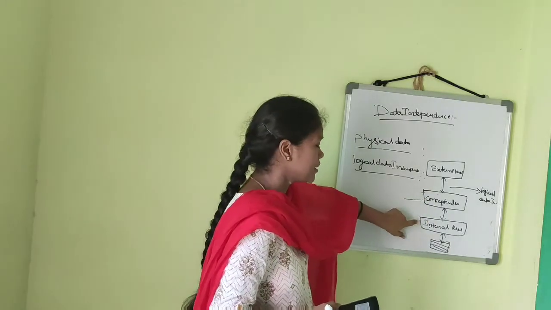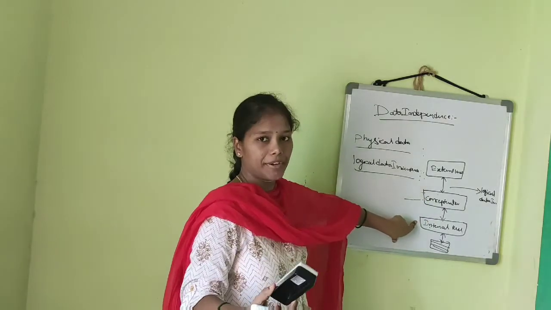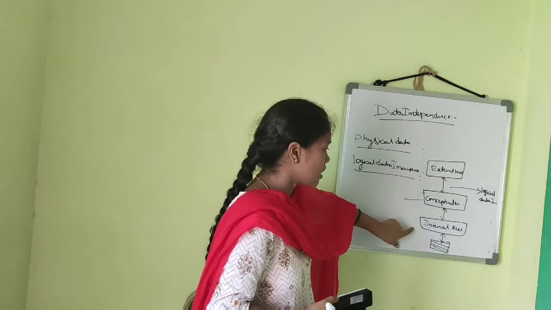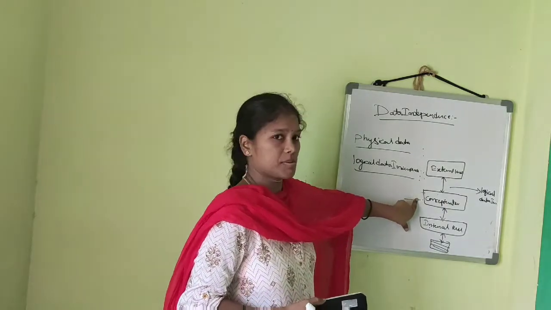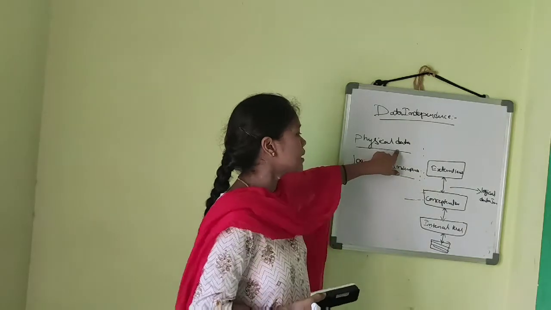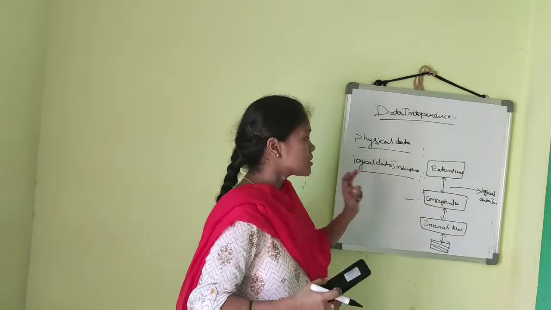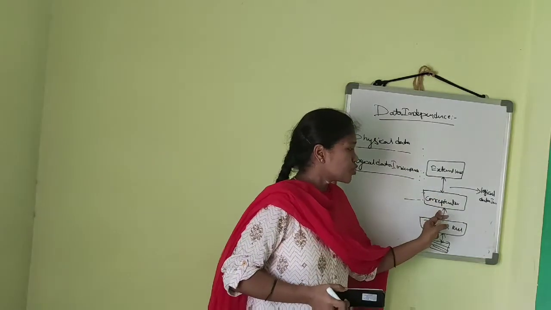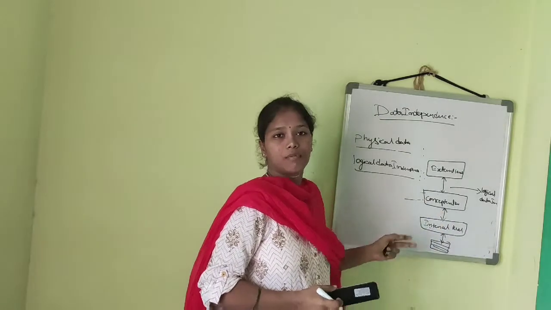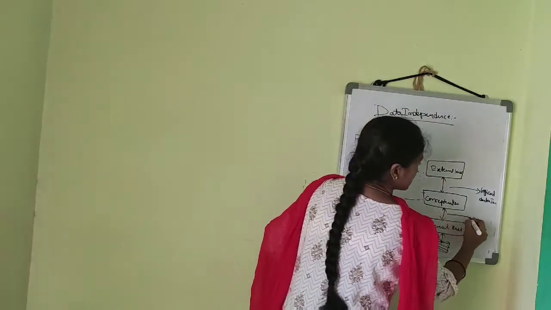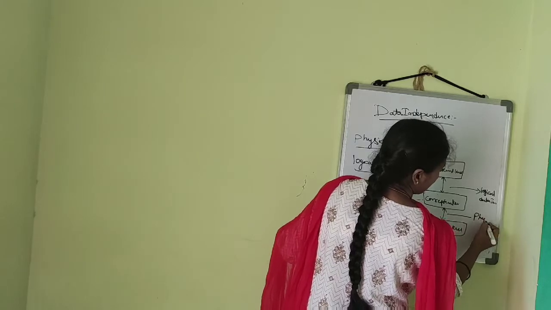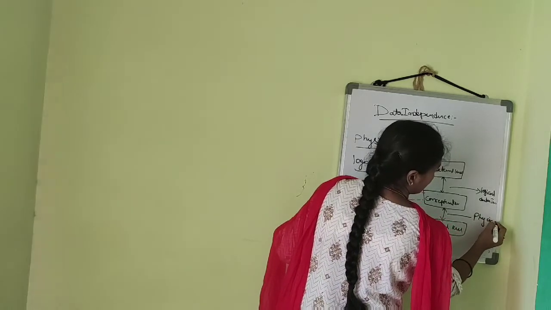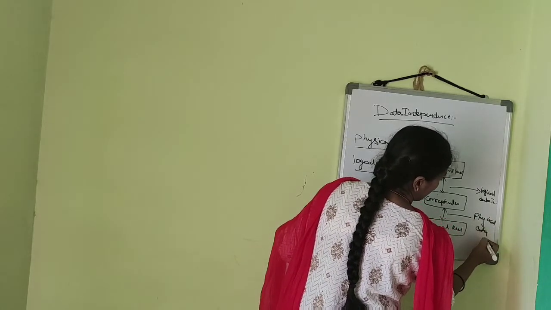Here some changes are being updated, but this is not affecting the conceptual level, and physical data independence separates the conceptual level from the internal level schema. The physical data independence happens here.